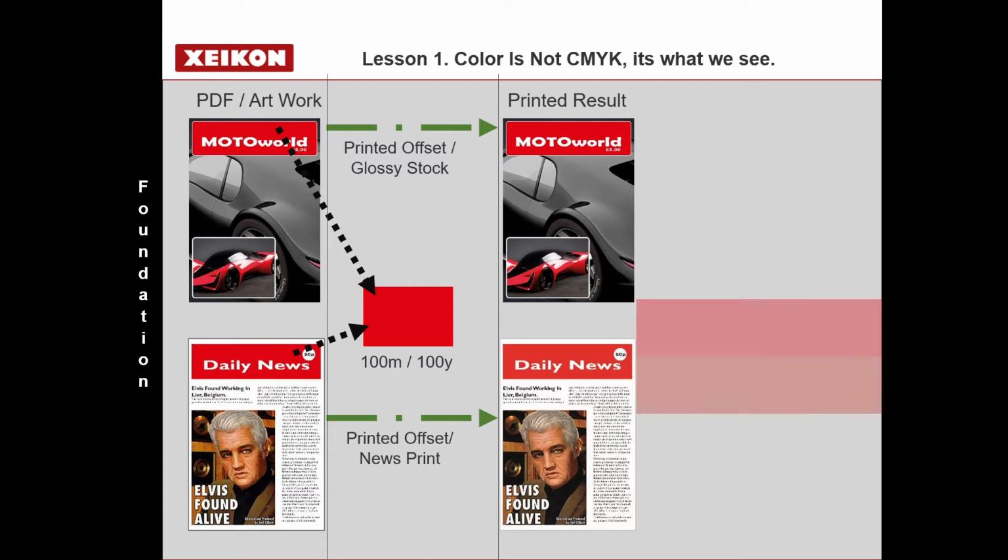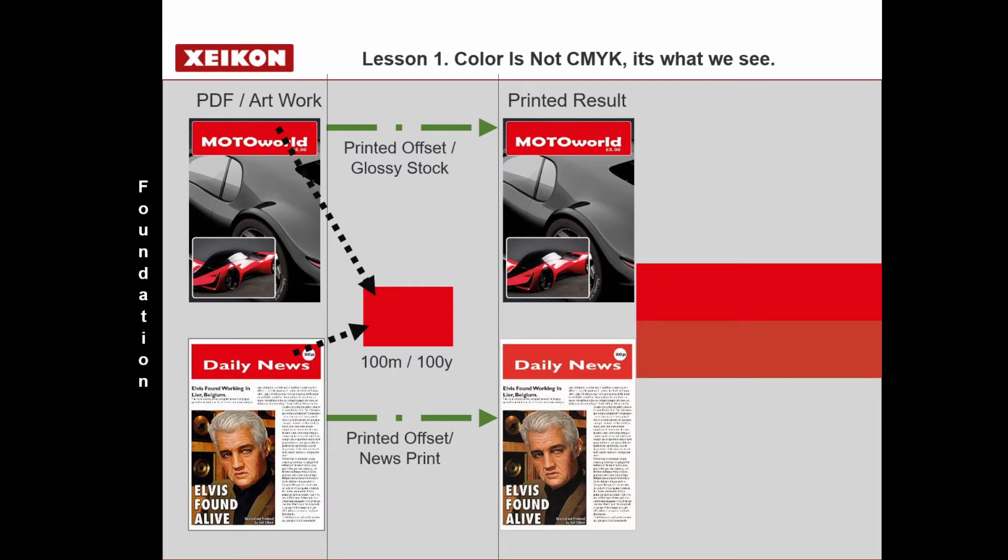And sure enough, we get two different colours. So we have a unique colour for 100% magenta, 100% yellow. But we also have a unique colour for the same magenta and yellow value. So the very simple lesson here is when we're talking in colour management terms, colour is about what we see, not how it's constructed.